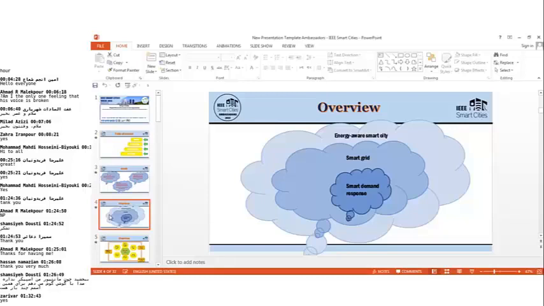A smart grid has some elements, some components, one of which is smart demand response. Demand response and other points about it are described in the next slides. But this slide gives a whole overview of the points we intended to say.